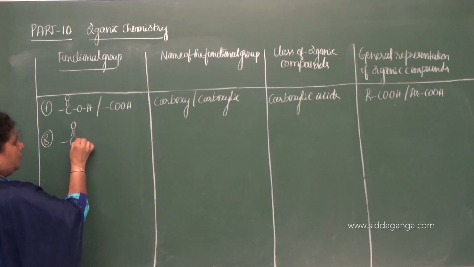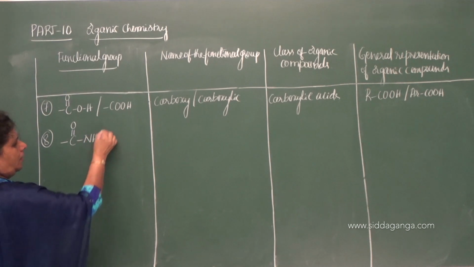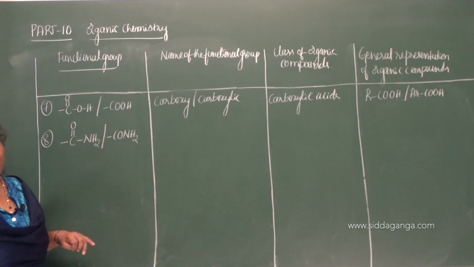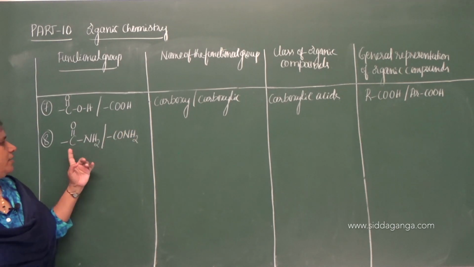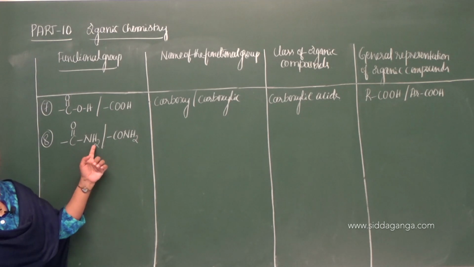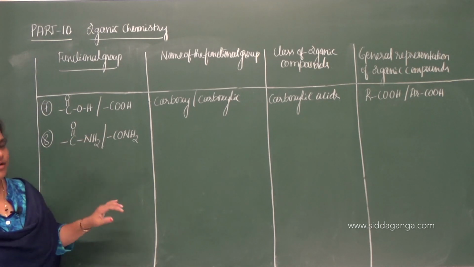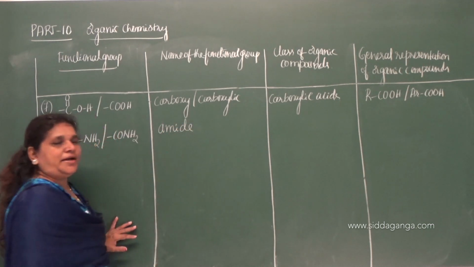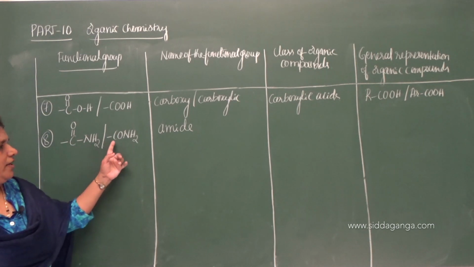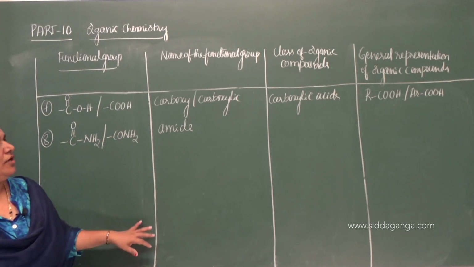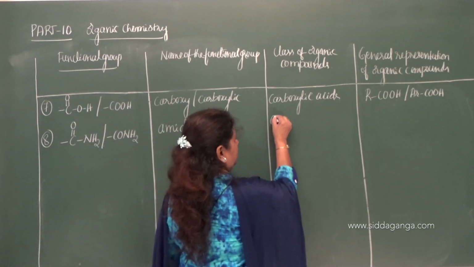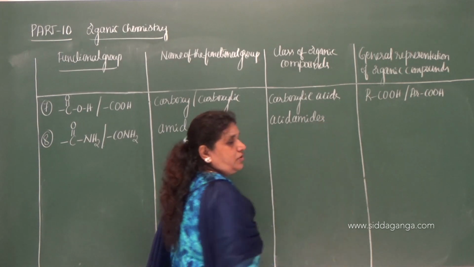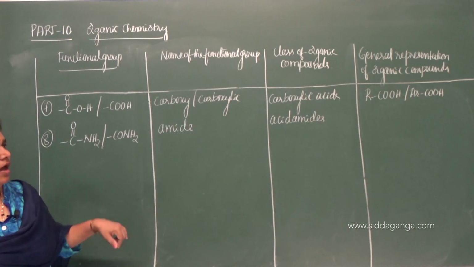C double bond O NH2, or you can write it as CONH2. This is the amide functional group, and these belong to the class of compounds called acid amides.